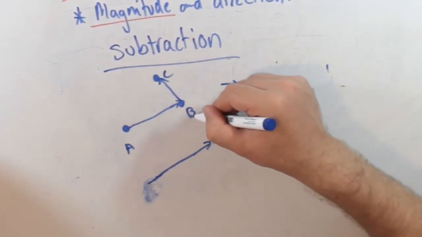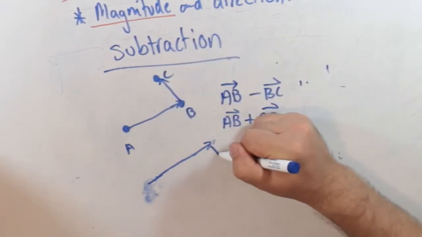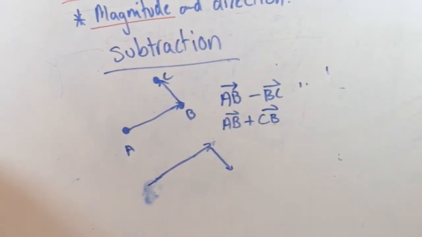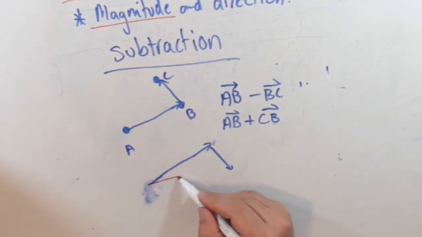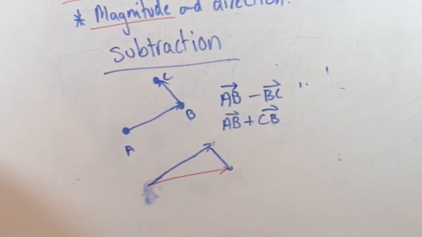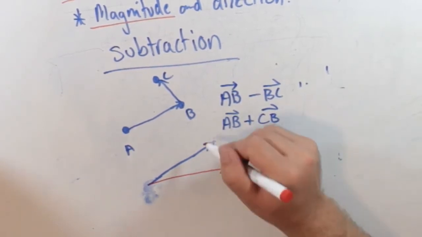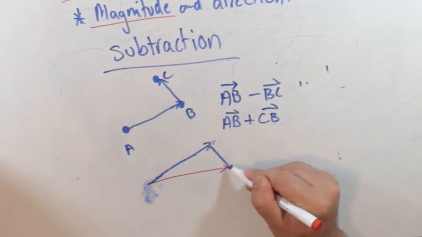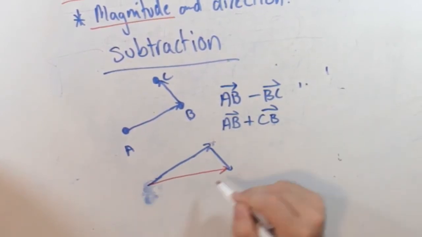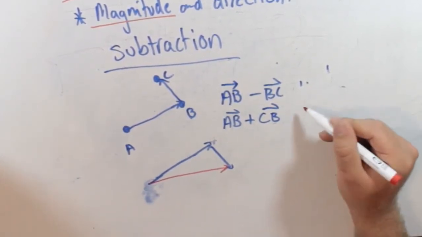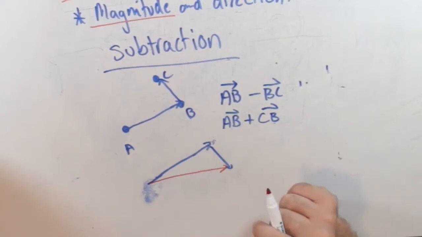Now C to B goes this way and is this long. So the resultant vector now is this one. I've got no point out here. Maybe this is point D, and I could write that it's A to D, but I've got no point to define what that is at the moment.